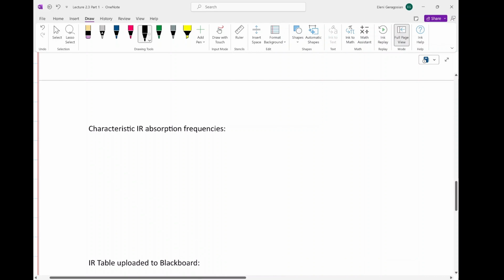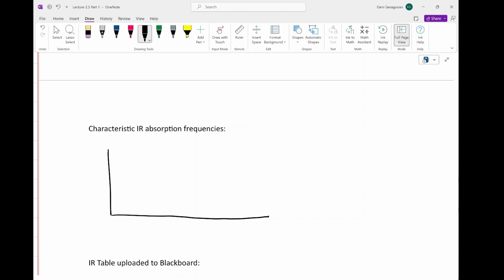Characteristic IR absorption frequencies. So let's draw a general IR spectrum here. This x-axis is wave number, in units of centimeters to the negative first power.